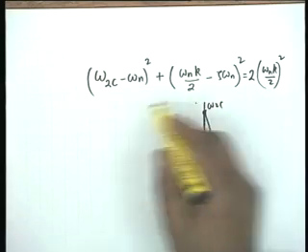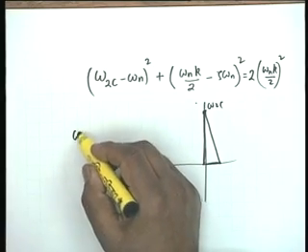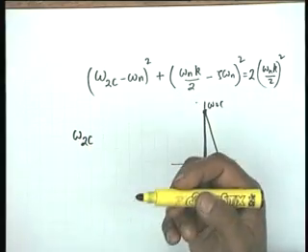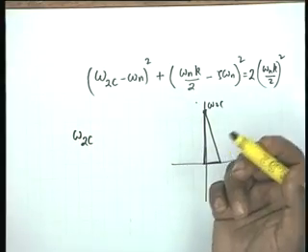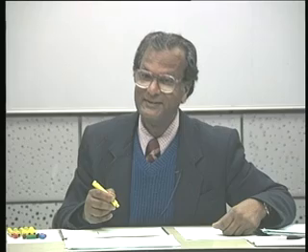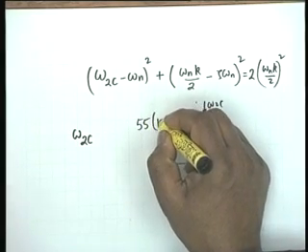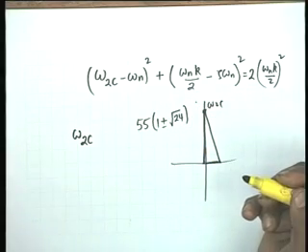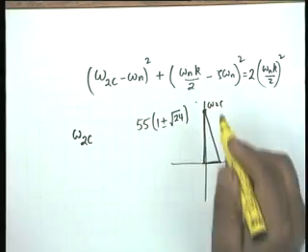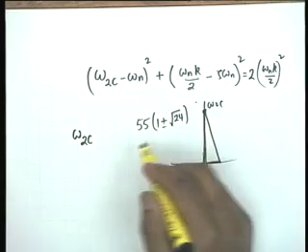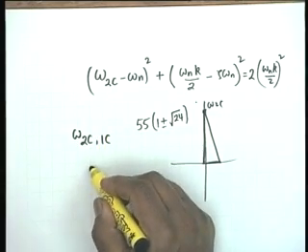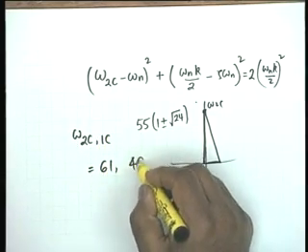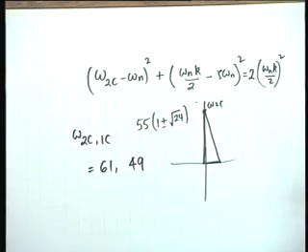Alright, from which we can find out omega 2c and omega 1c. The two roots of this quadratic are 55 plus minus root 24. I don't know what that is. Well, my calculations, perhaps you are right, give omega 2c and omega 1c as 61 and 49.